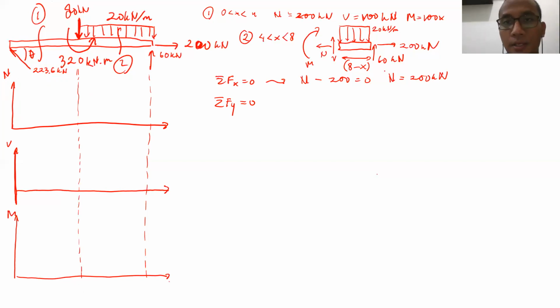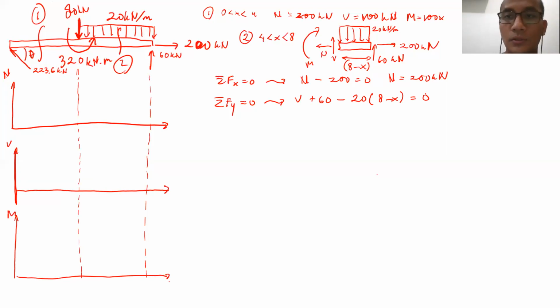Okay, the distance there, 8 minus x. Then using sigma Fy equal to 0, if going up is positive, what I will have is V plus 60 minus 20. 20 kilonewton per meter is the distributed force. I have to multiply it with the length of the distributed force, 8 minus x, equal to 0. Okay, not the distance, but the length of the distributed force.